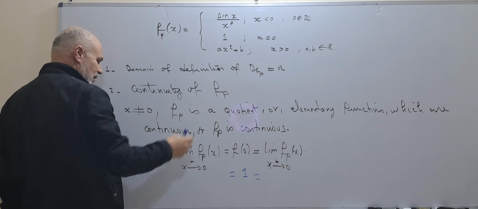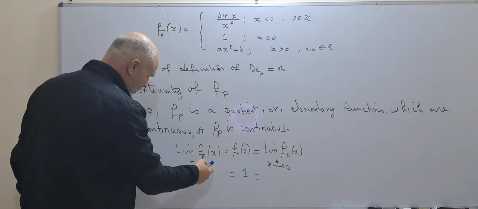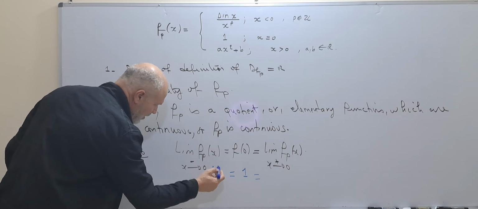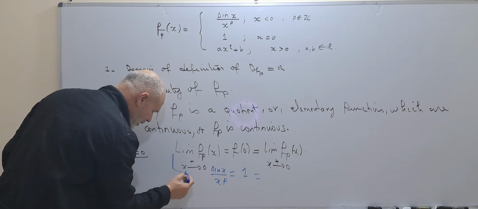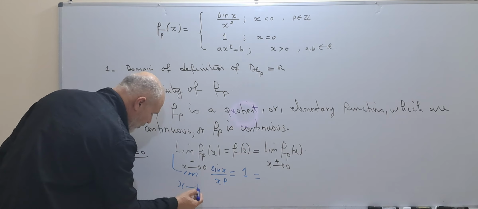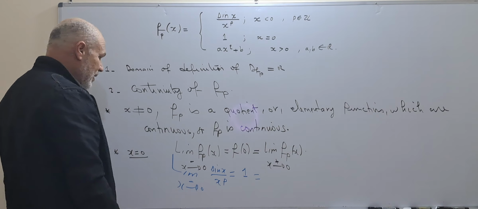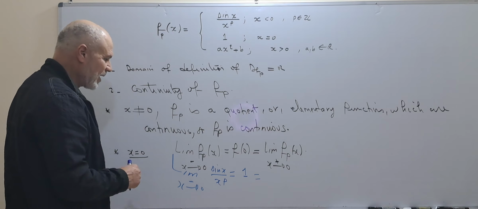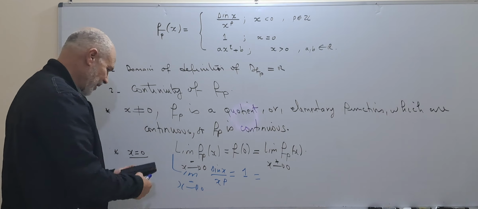From this side, the limit of f of x, it means the limit of sin x over x^p when x goes to 0 from the left. In this case, it cannot be equal to 1 except if p is equal to 1. This is a very famous limit.